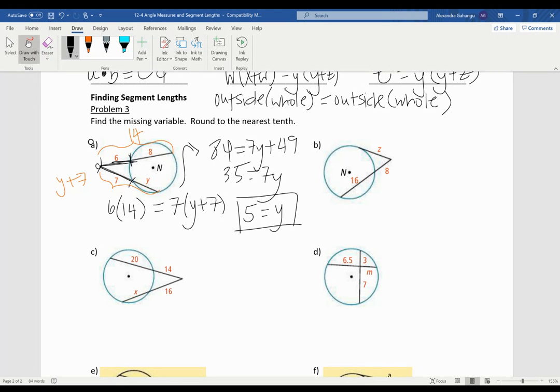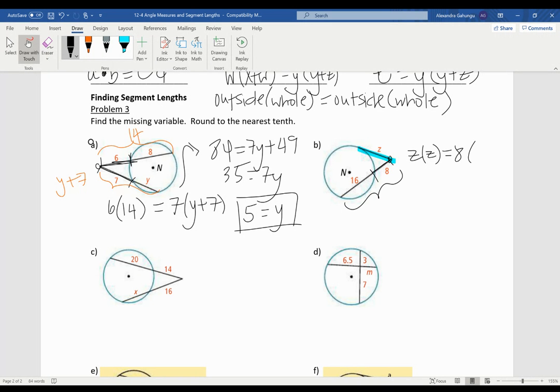Again, for the next one, for B, it's outside times the whole. Since this z is both the outside and the whole, I just multiply it by itself. So it's z times z equals outside 8 times the whole.